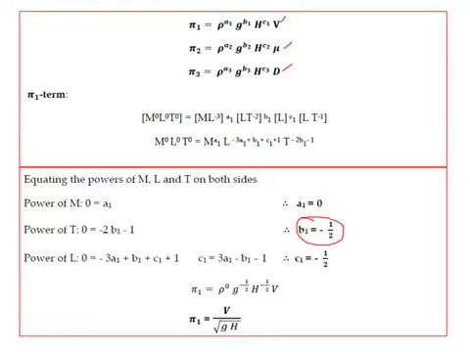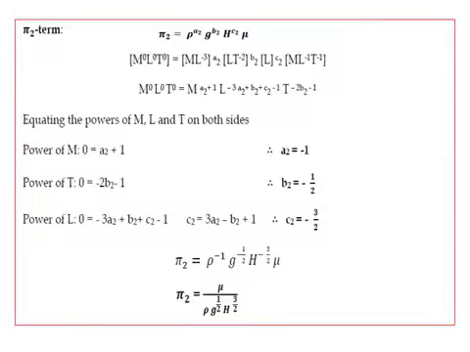Similarly, equating the powers for L, we have minus 3a1 plus b1 plus c1 plus 1 should be equal to 0. Now working out the value for c1, substitute the values of a1 and b1, we get minus half. So we'll get pi 1 as rho to the power of a1, which is 0, g to the power of half, h to the power of half, v. So therefore v by root gh is the pi 1 term.